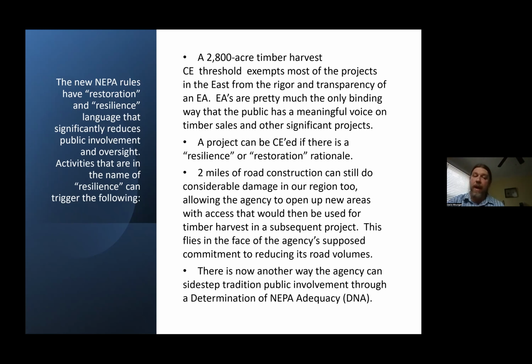National forests are quite different from national parks or national recreation areas, in that the public has very strong rights to participate and petition the government when they feel that our lands are not being managed properly or according to law.